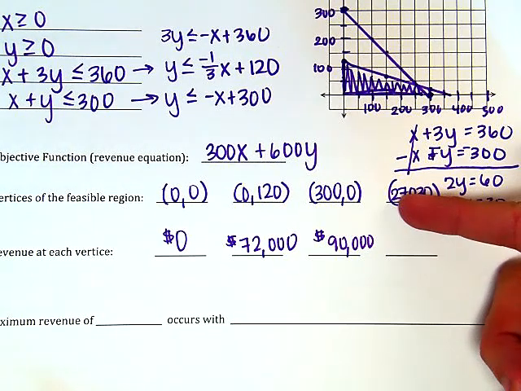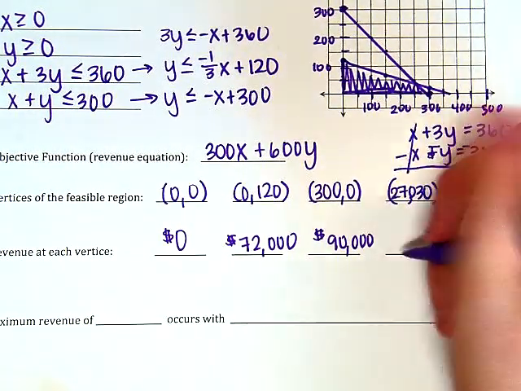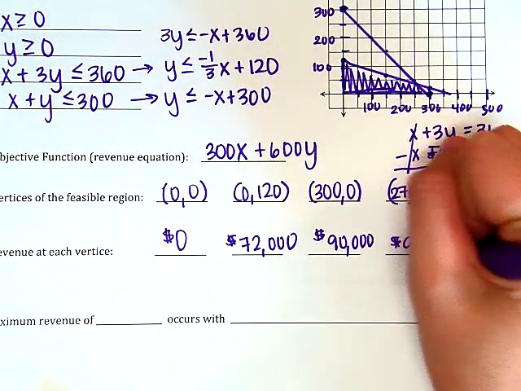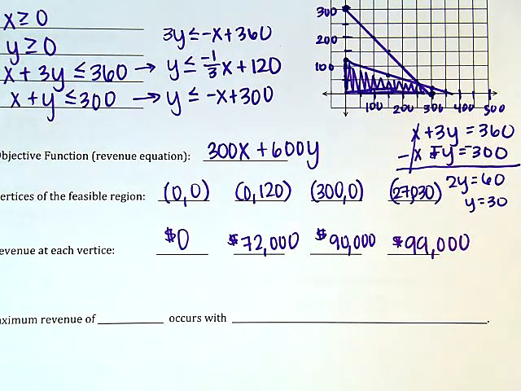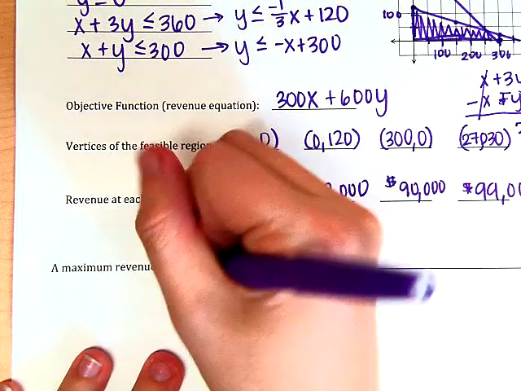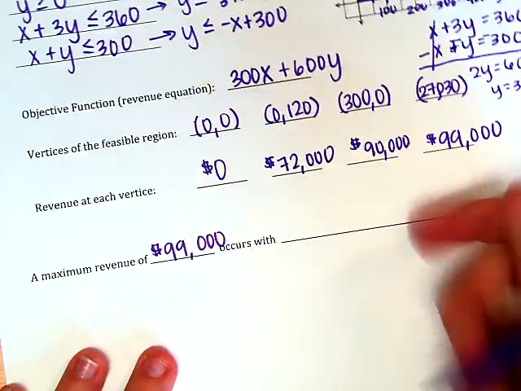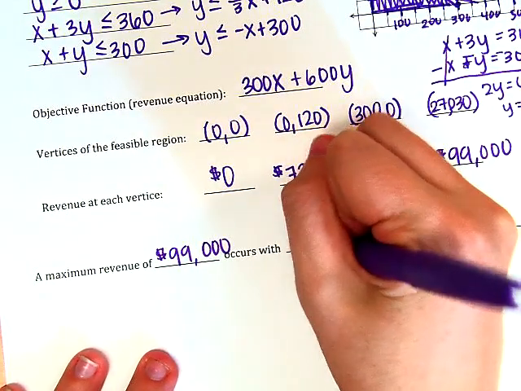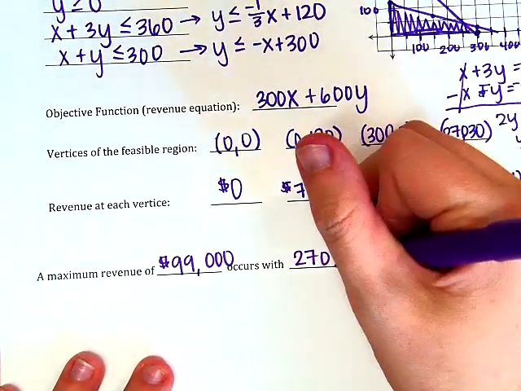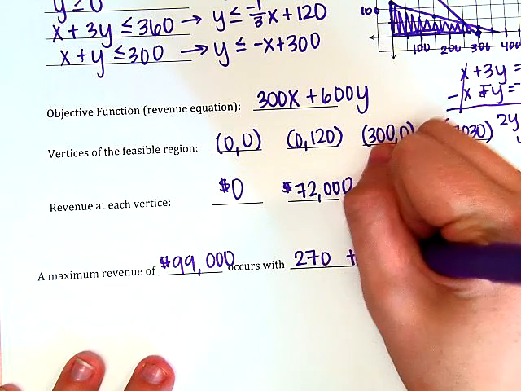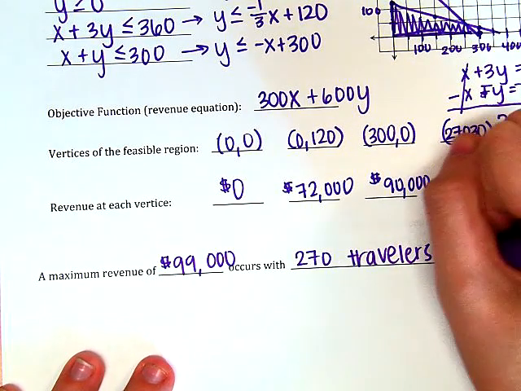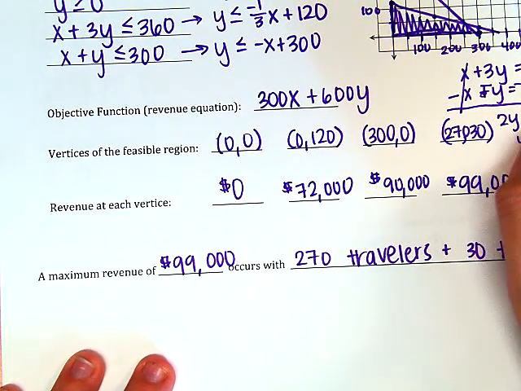And if I make 270 of this and 30 of that, I'm making $99,000. So my maximum profit that I can make is $99,000, and that happens when I make 270 Travelers and 30 Tourister.